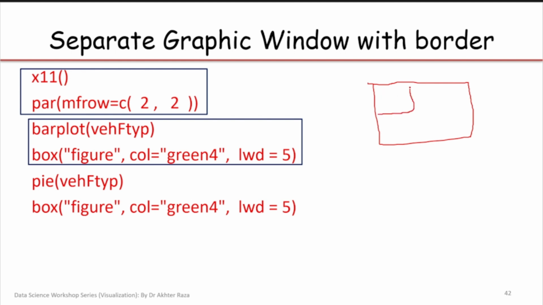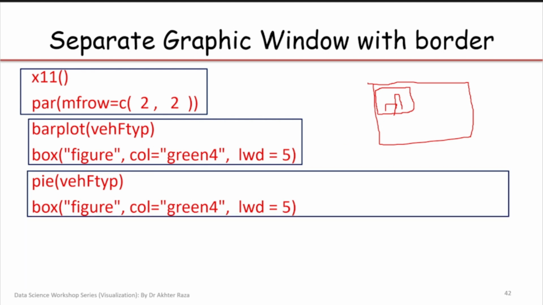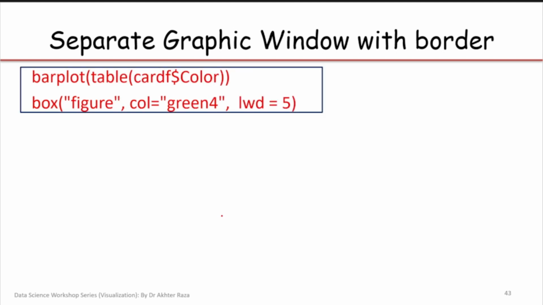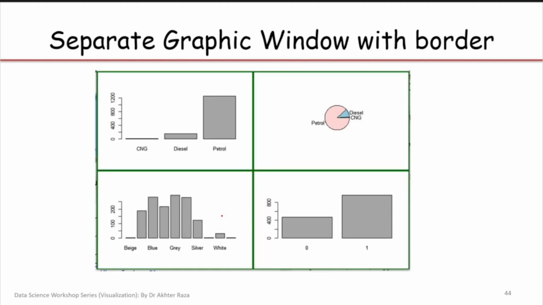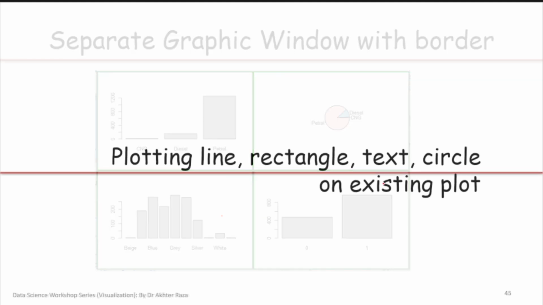And then a box is created around it. The bar plot and a rectangle box. Similarly, a pie chart will be generated in the second window, and then a box is created, and so on. Third command and the fourth command. The 4 boxes will be represented here.